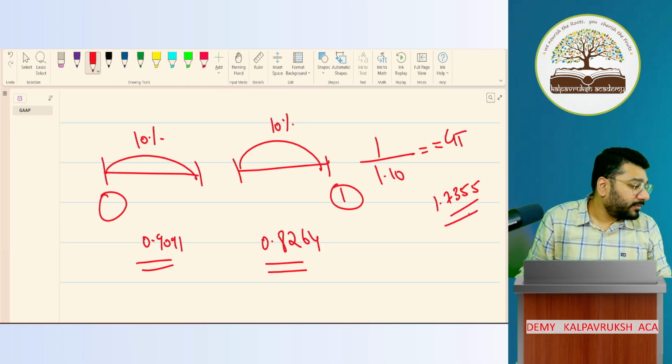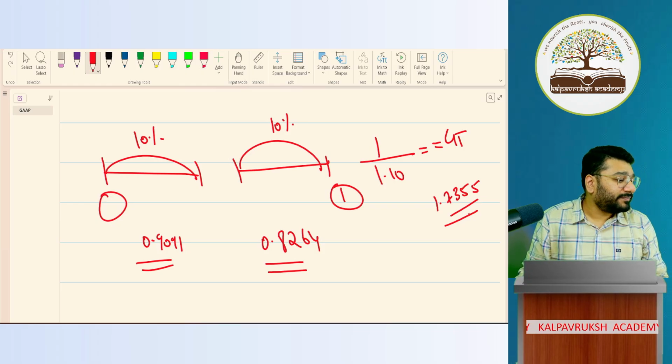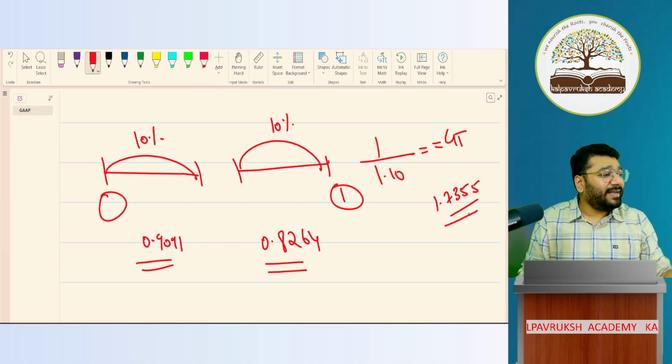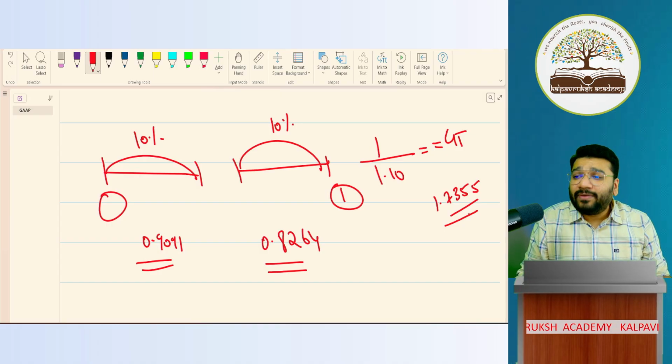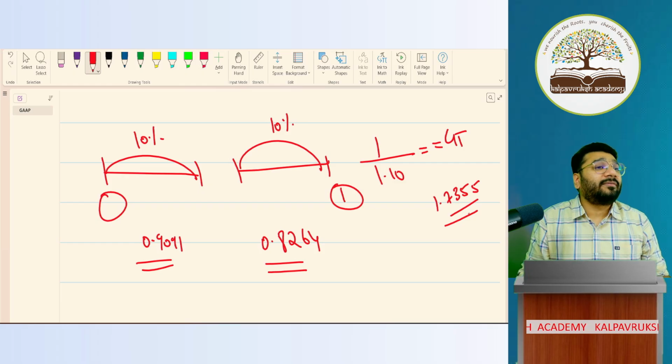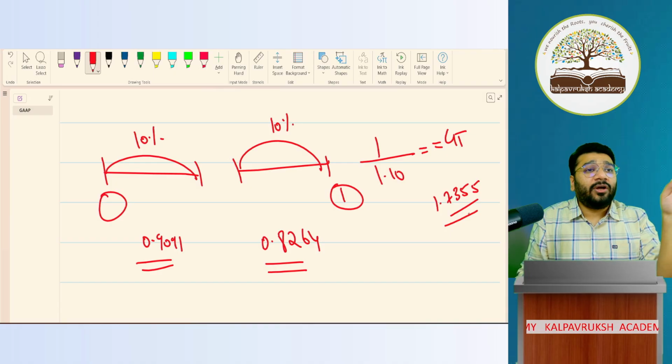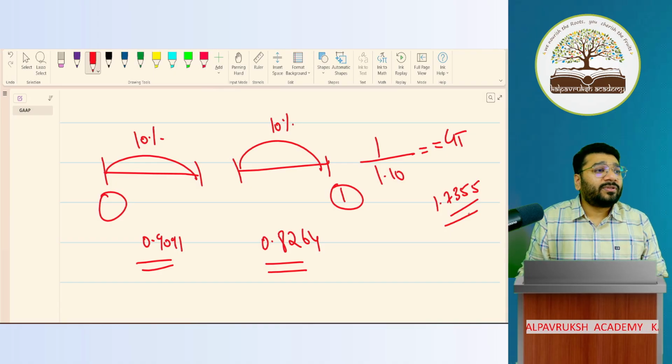You don't have GT? What a waste calculator. How will it be done without GT? Guys, any calculator without GT is a useless calculator. Who doesn't have GT in your calculator?